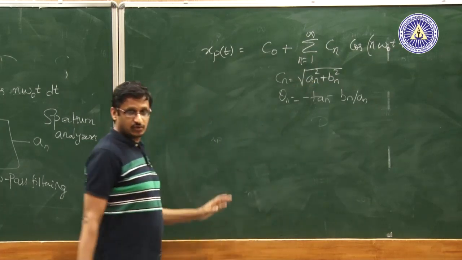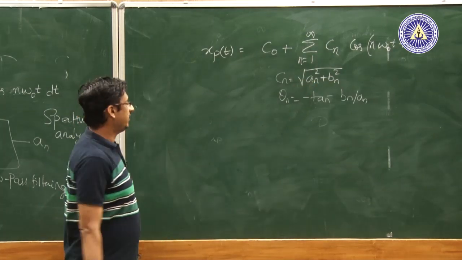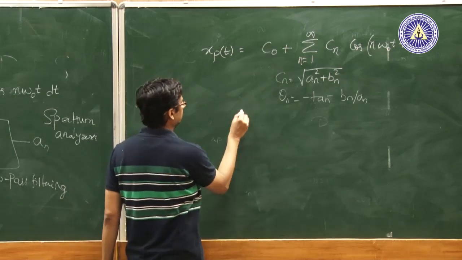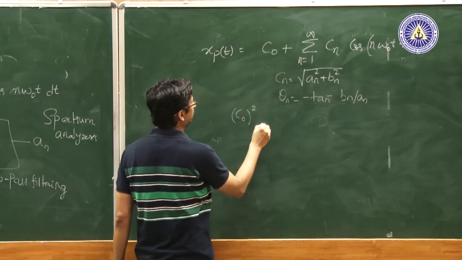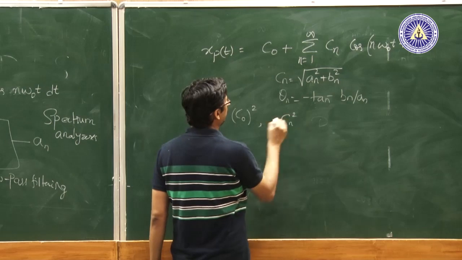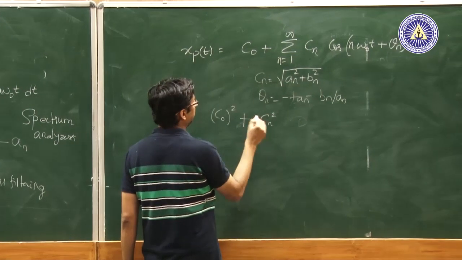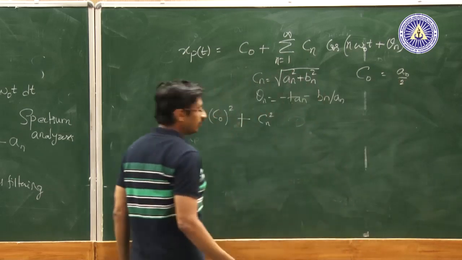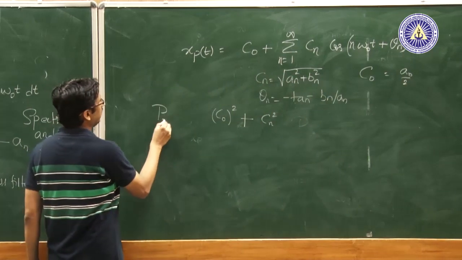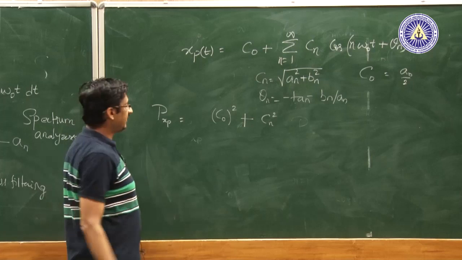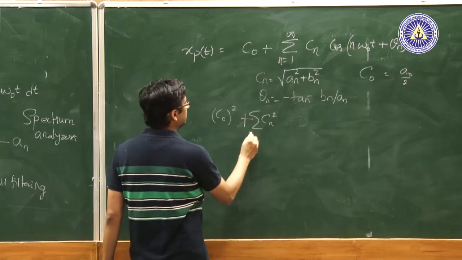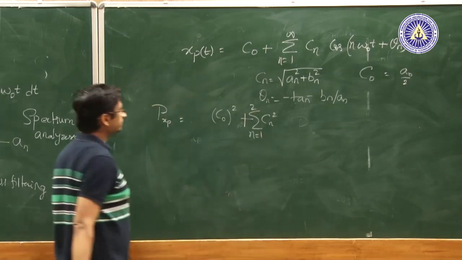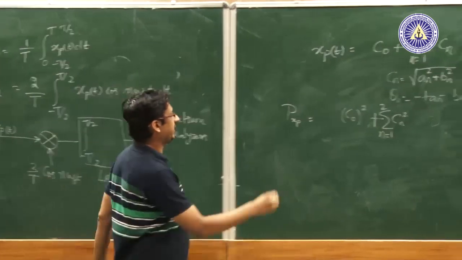And you can then show, unfortunately I do not have time to show this one, that each component that you are looking at, C0 square, Cn square, and by the way C0 is actually equal to A0 by 2. You can show that the average power in this periodic signal is actually given by this expression, that is you take the Cn square by 2.